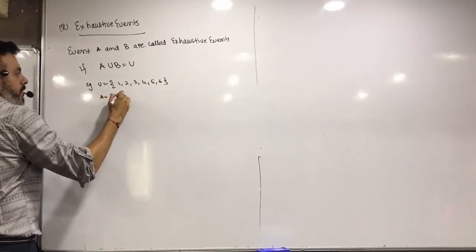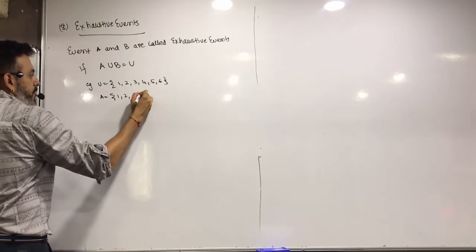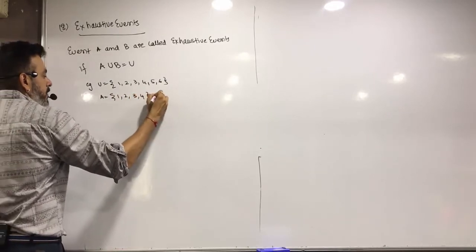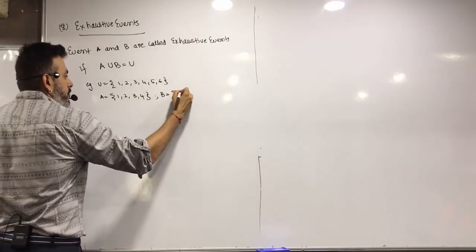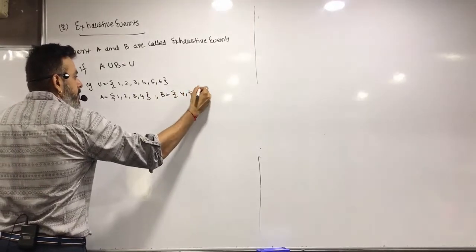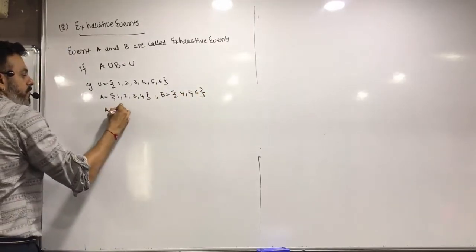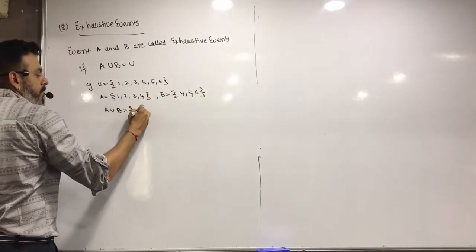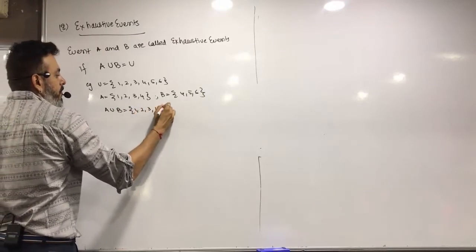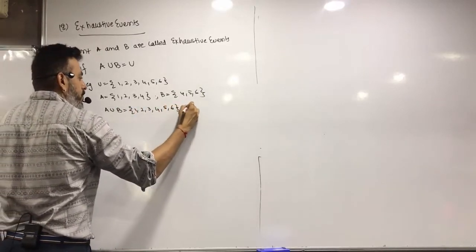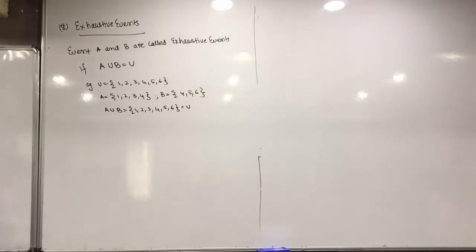A is equal to 1, 2, 3, 4, and B is equal to 4, 5 and 6. What is A union B? 1, 2, 3, 4, 5 and 6, which is equal to U. Understood this? Okay, इसका Venn diagram बनेगा ही नहीं because it's a complete sample space.